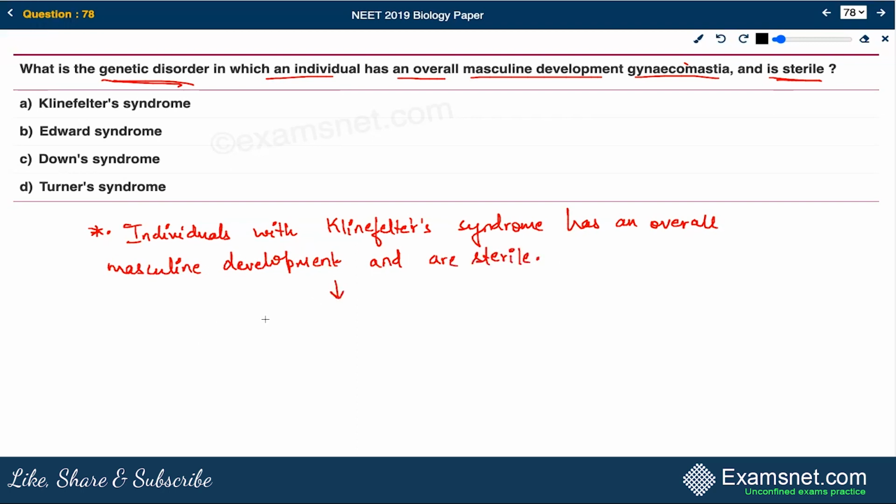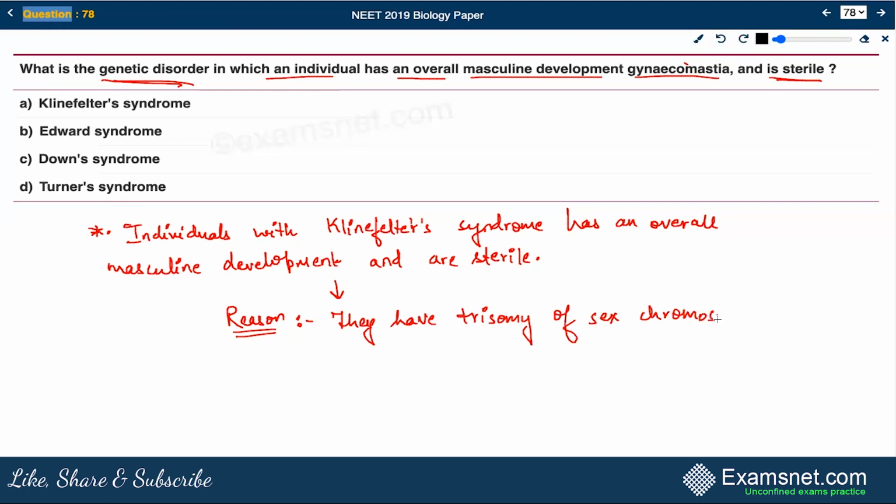So the reason for this is that they usually have a trisomic condition, a trisomy of sex chromosome.